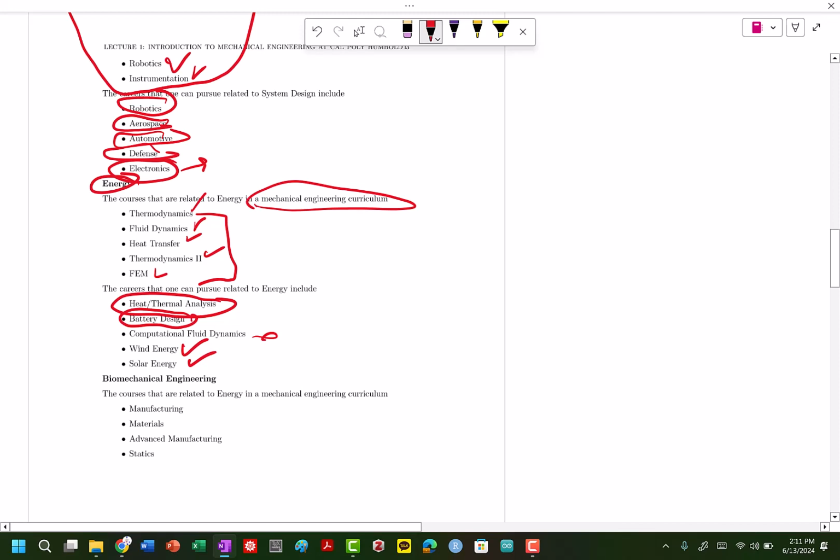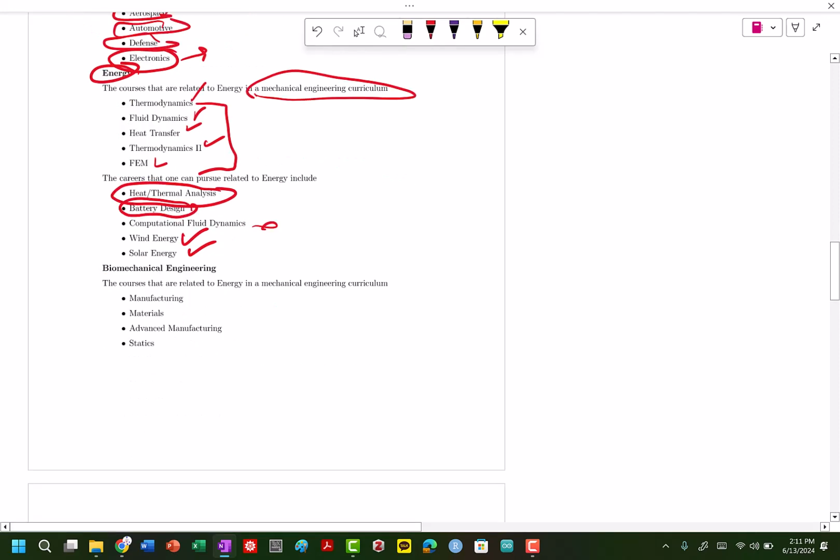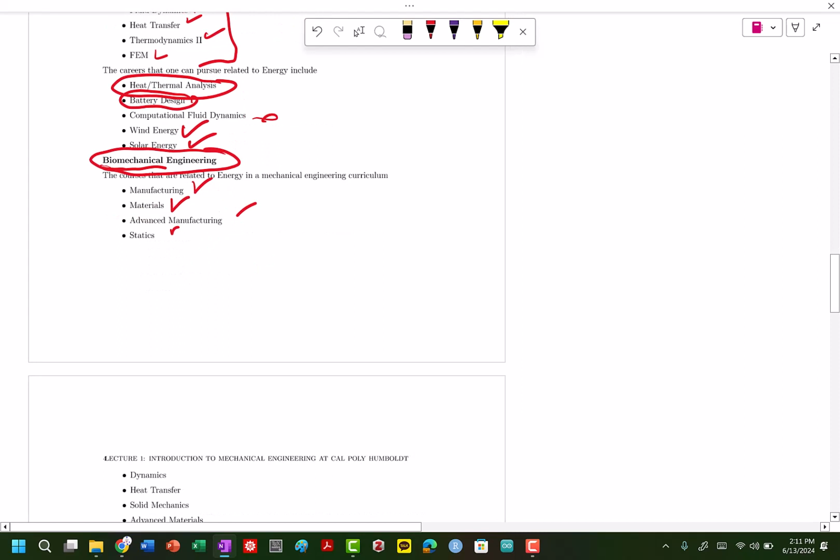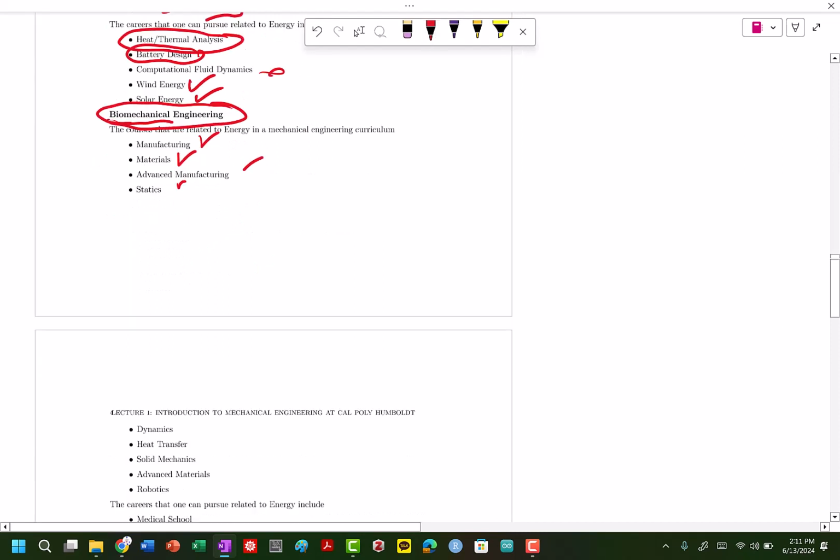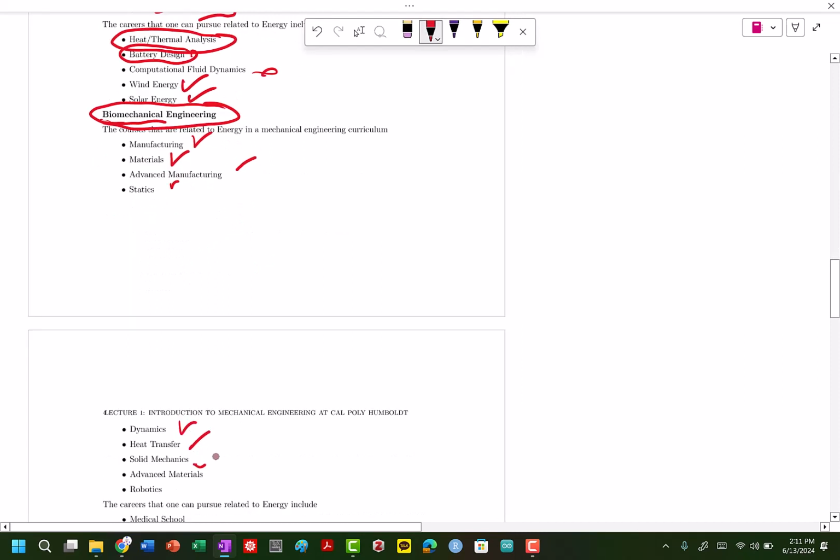And finally, one of the very unique things in our program is we have lots of courses that are related to biomechanical engineering. This is actually a term that Dr. Lee coined in some of her papers previously. In biomechanical engineering, you're going to be looking at manufacturing courses, materials courses, statics, dynamics, heat transfer, solid mechanics, robotics, advanced materials.